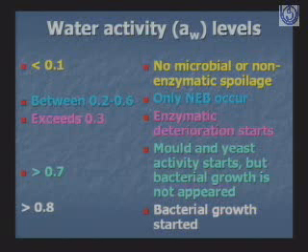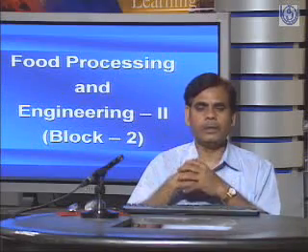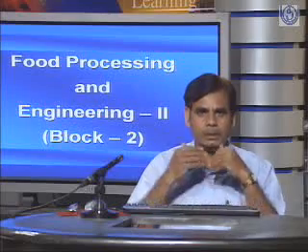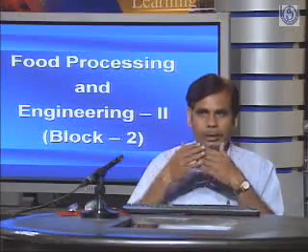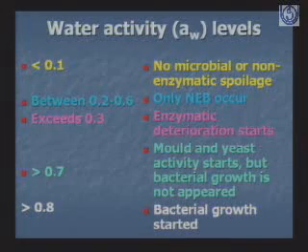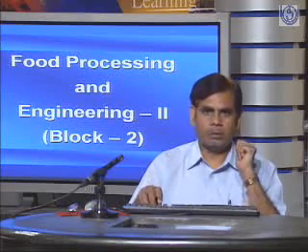If water activity exceeds 0.6, then enzymatic deterioration type of spoilage occurs. If water activity increases beyond 0.7, then mold and yeast activity starts, but bacterial growth has not started. If water activity increases beyond 0.8, then spoilage of the product occurs due to bacteria and other microorganisms.